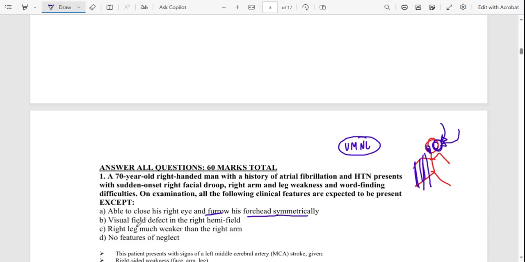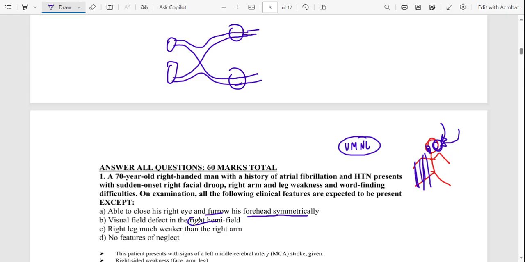Now the visual field defect can happen because when these fibers cross from this eye and the other one, the fibers are going like that. The path of the fibers can also be affected on the way.